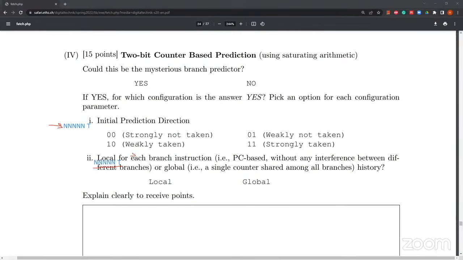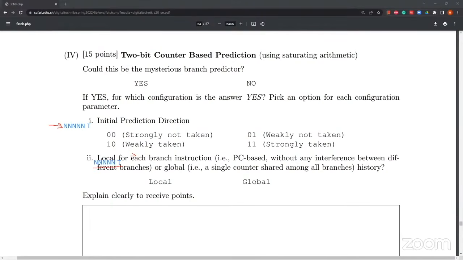And from that point on, the branch predictor will start predicting the outcomes as taken. Right? And then depending on whether the actual outcome of the future branches is taken or not taken, we'll keep incrementing or decrementing the counter and making predictions based on the current value of the 2-bit counter-based branch predictor.